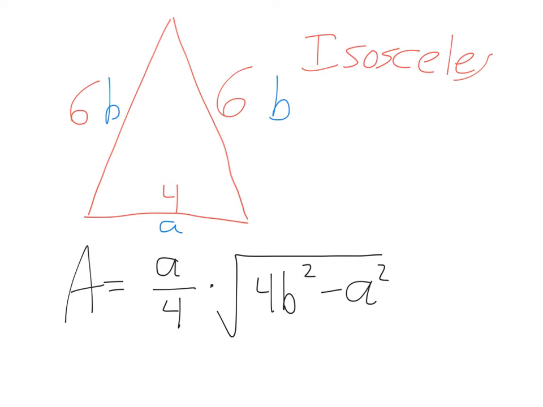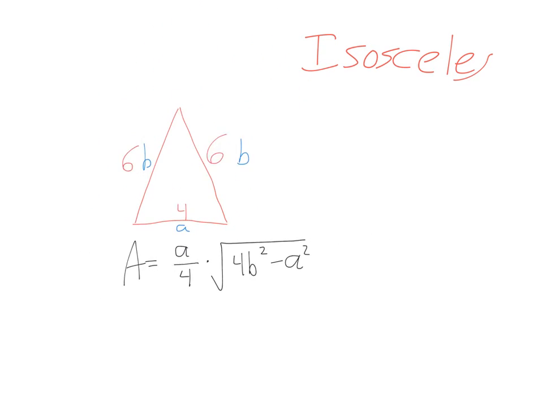So I look at this formula and say, okay, I need to find A. A is 4. I need to find B. B is 6. Over here I have to have A, and that's 4. So I'm going to plug in everything.